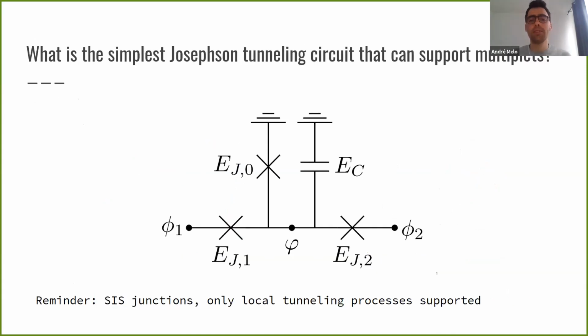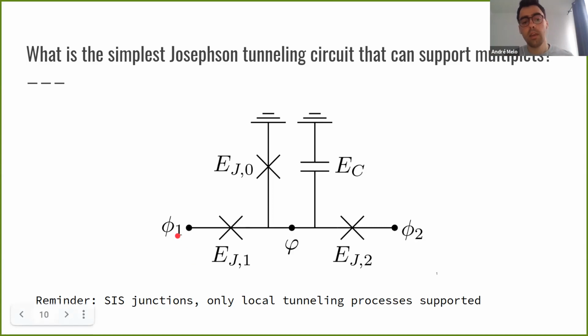And so we thought, okay, what is the simplest tunneling circuit that could, in principle, support multiplet supercurrent? And this is what we sketched, or I should say Anton sketched. And the idea is the following. We have three terminals, because for multiplets we need at least three terminals.